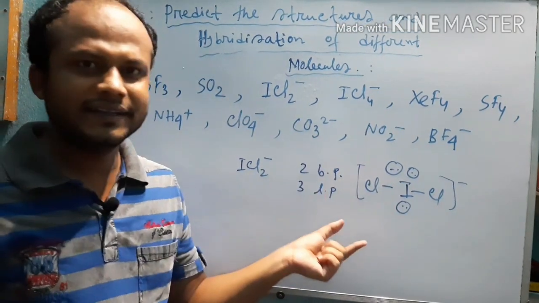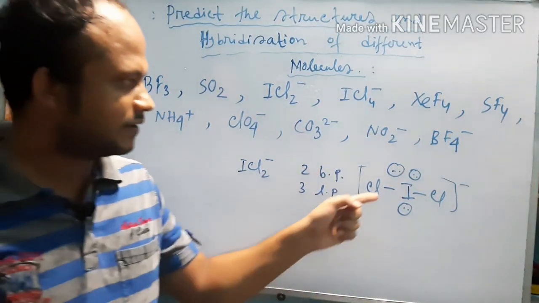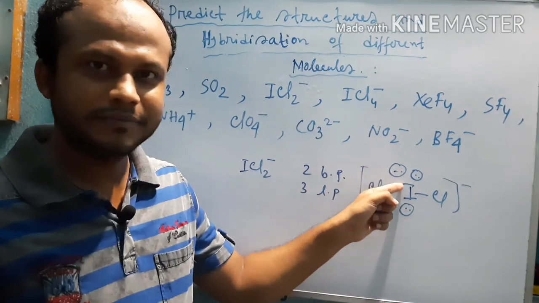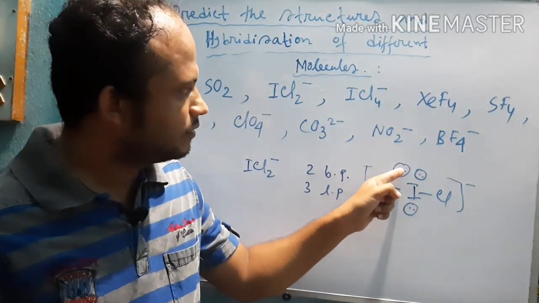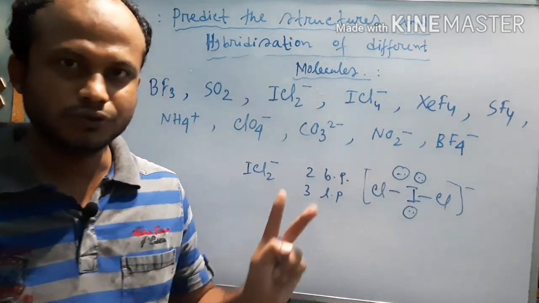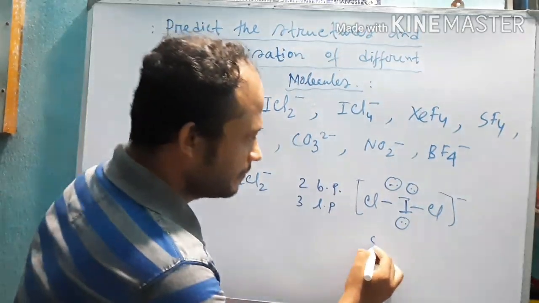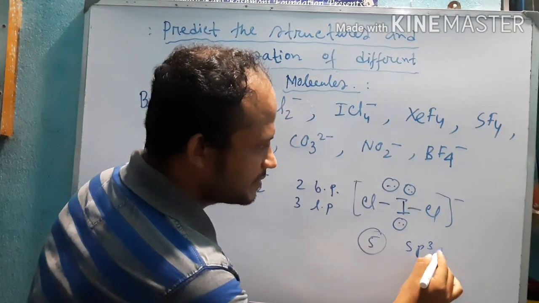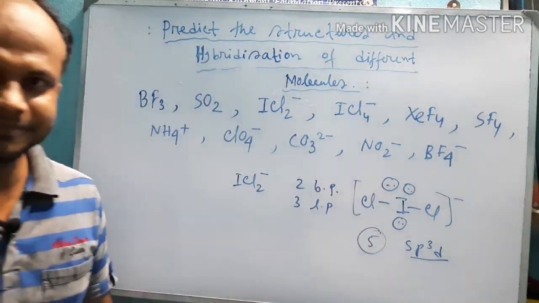Here you have to find the hybridization without the formula. See the picture. Here the number of lone pairs is 1, 2, 3 and the number of sigma bonds is 2, that is 5. 5 means sp3d. Understand?